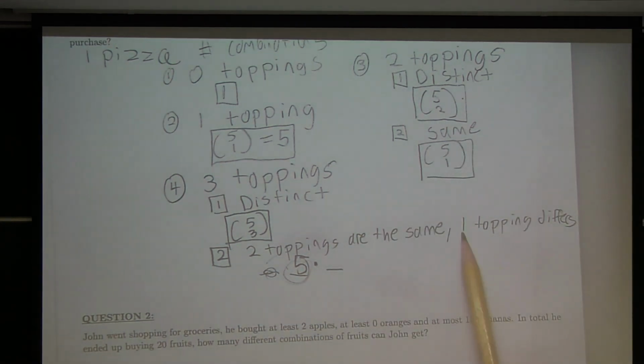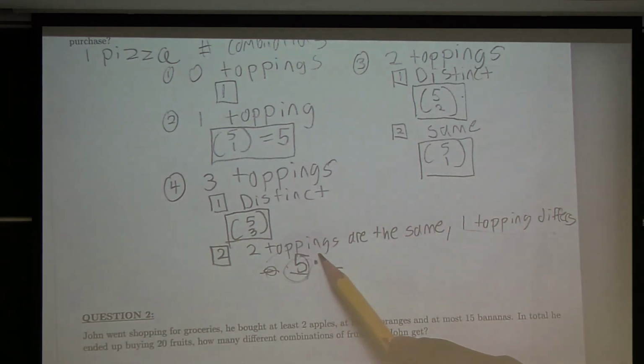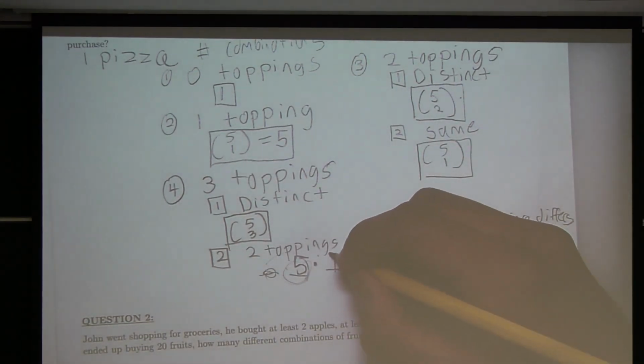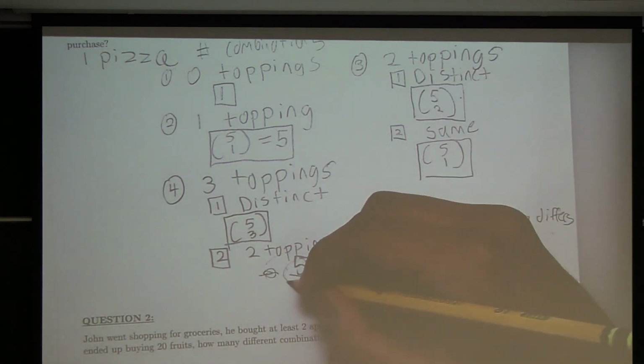Now we have one option left, one topping that differs from the previous topping. In that case, we already used up one of the toppings for a double topping here. So we're left with 4 options. So 5 times 4, which is just 20 possible combinations.